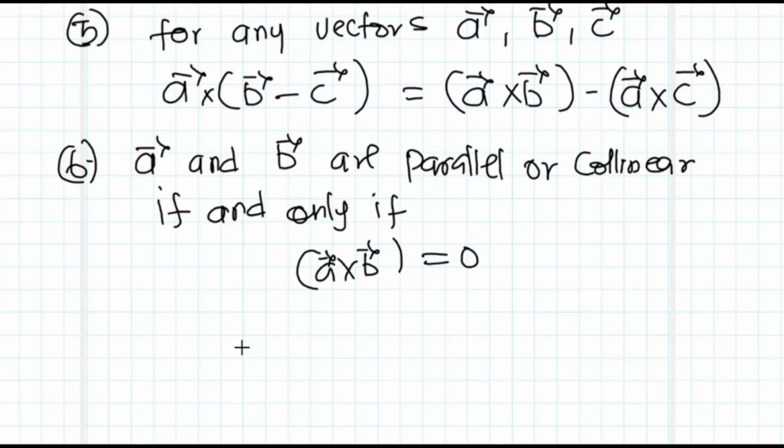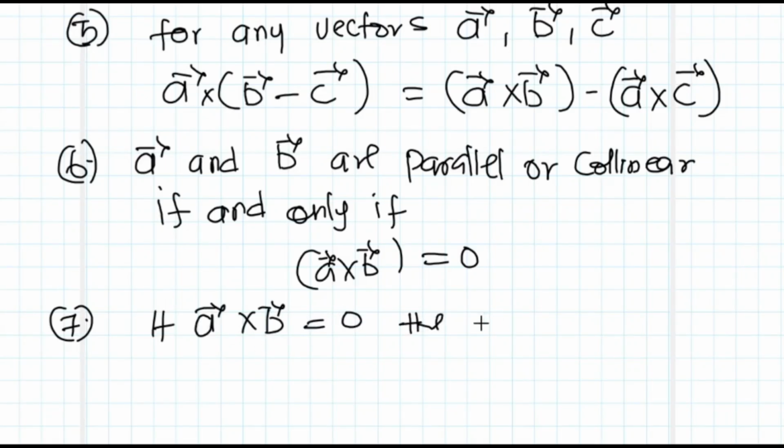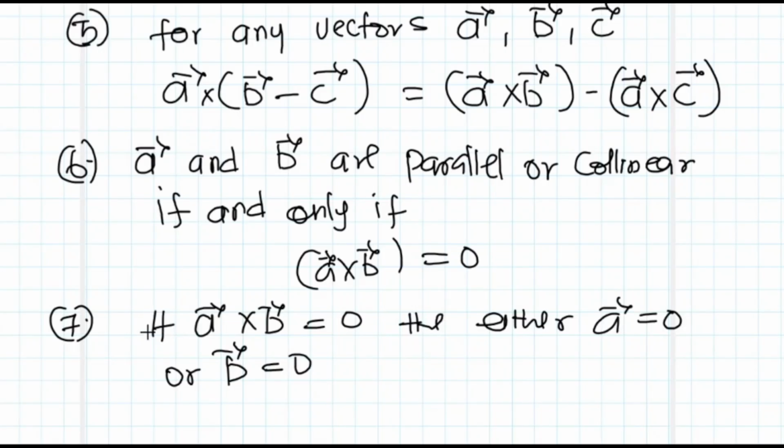Those are the results that you should understand, and of course we've shown this result, so this one is no longer new. If A cross B is equal to 0, then either A is equal to 0 or B is equal to 0. We've shown that several times.